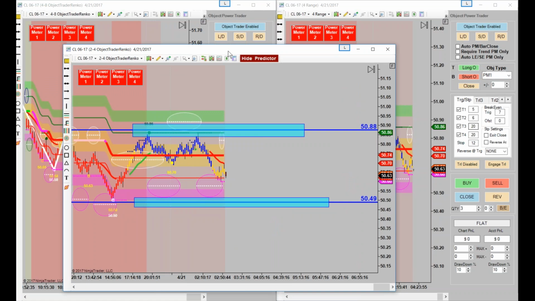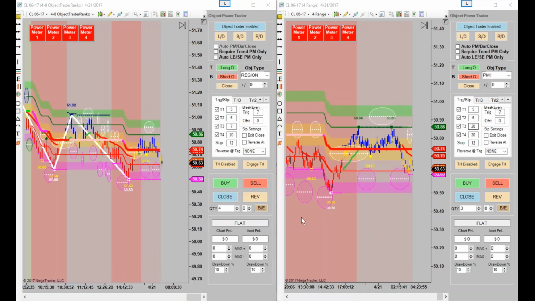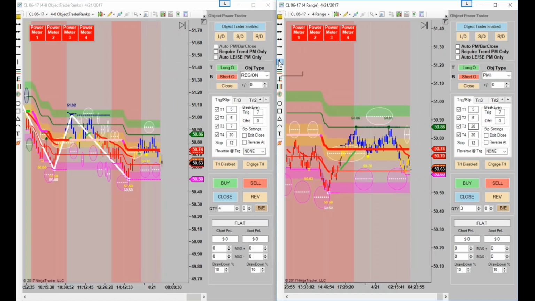Okay. Now, let's go ahead and draw these little sweet areas on this chart too, just so we'll know it, because we've already drawn it on the other one. So I'm going to draw a little area here, like so. And I'm going to draw a little area here, like so. Now, how large you draw these boxes is dependent on the chart.